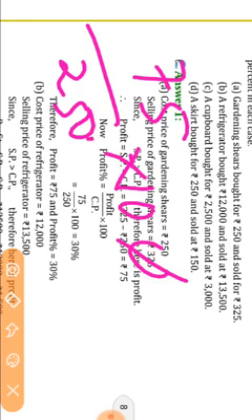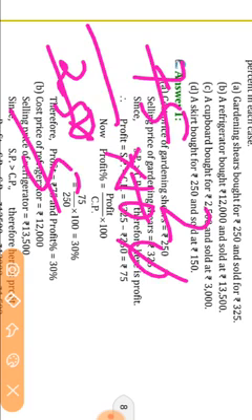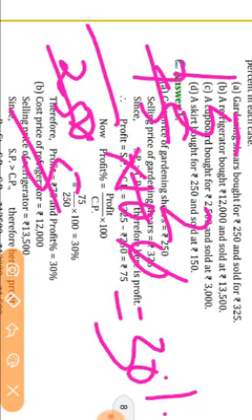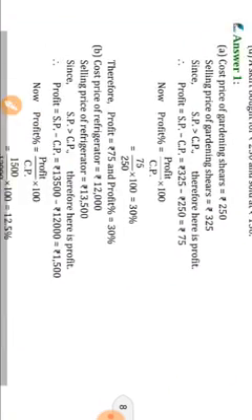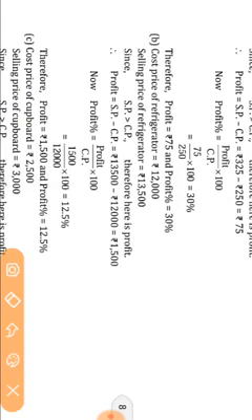The zeros get cancelled, 5 2s are 10, 5 5s are 25, and so on, 15 into 2 is 30. So 30% we got as a profit. Therefore profit is 75 rupees and profit percent is 30%.